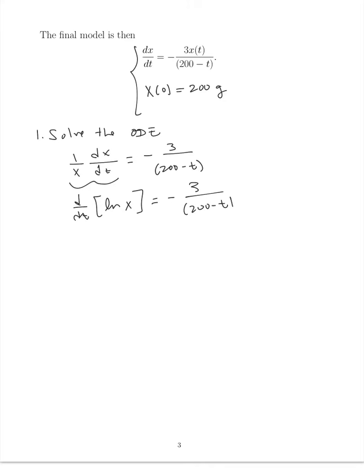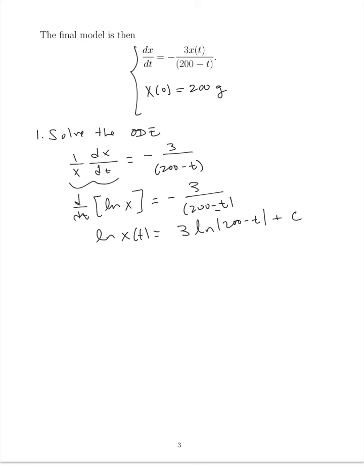And so now we can integrate, and we get natural log of x of t is equal to the antiderivative of this, which is going to be 3 natural log of 200 minus t. And the negative here cancels out because of the chain rule from that minus t, plus a constant.